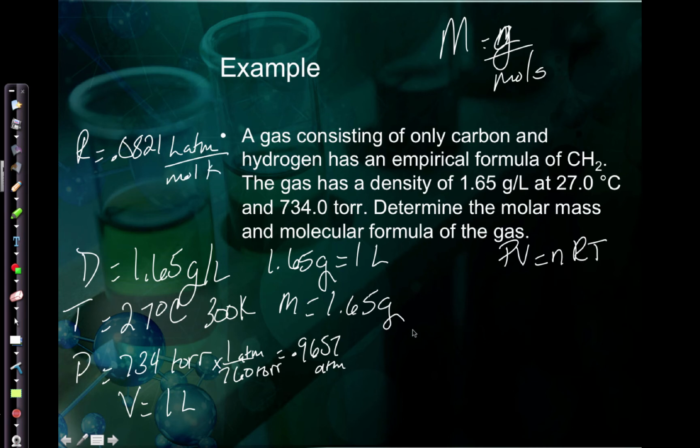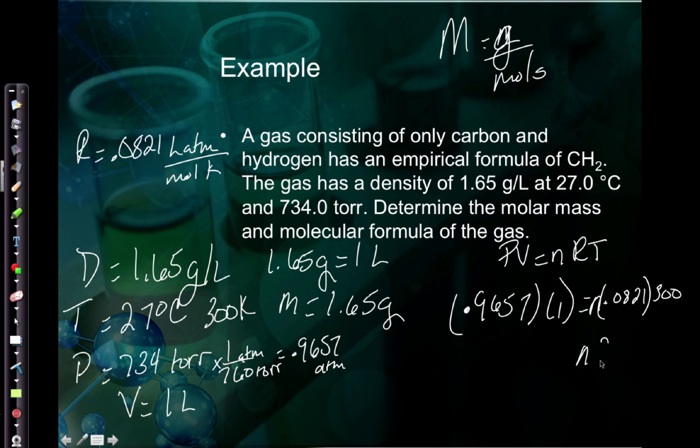All right, so P is 0.965, V is 1, n is unknown, R is 0.0821, and my temperature is 300. So now I'm going to multiply everything out. n times 24.63.